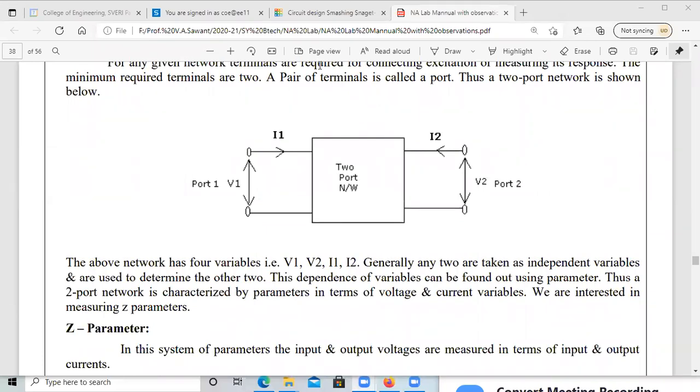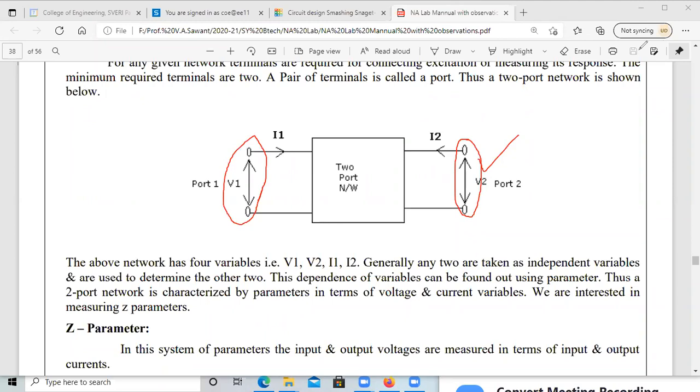It is called open circuit parameter because this parameter can be obtained by open circuiting the terminal. Open circuiting one of the ports, we get two parameters. If we open circuit the second port, we get two parameters, and if we open circuit the first port, we get the other two parameters.